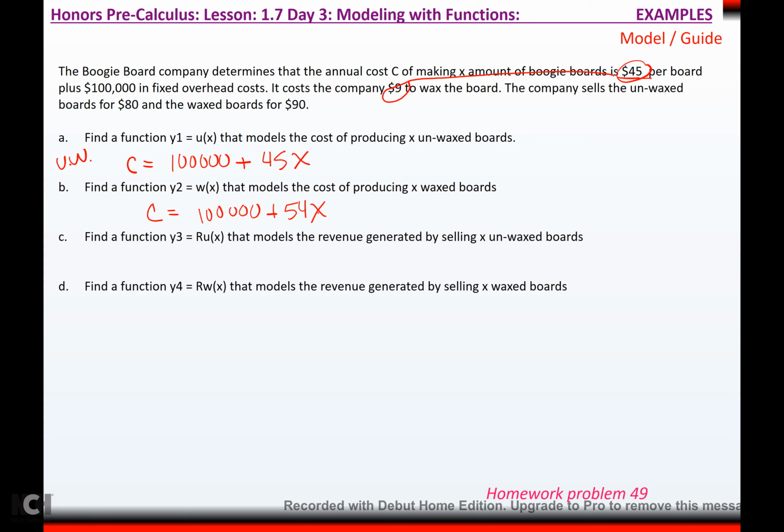Okay. For Y3, the revenue from selling X unwaxed boards, we sell them for $80. So that revenue would be $80 per board. For waxed boards, I get $90. So my revenue for waxed boards would be $90 per board.